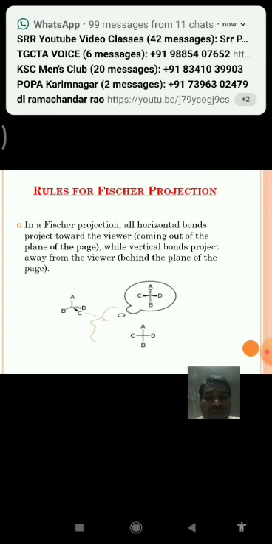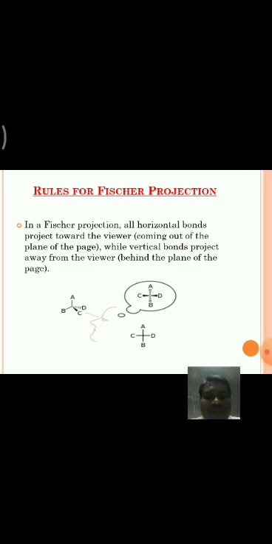And in Fischer projection, all horizontal bonds project towards the viewer, while all vertical bonds project away from the viewer.